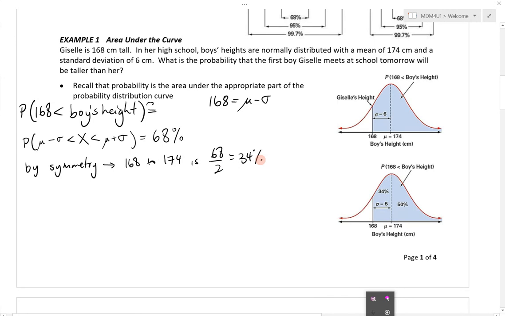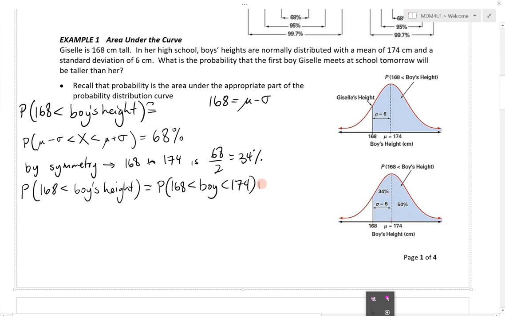Okay, so I can model this problem, the probability that 168 is less than the boy's height, as saying, well, what's the probability that the boy's height is between 168 and 174, the mean value? What's the probability that the boy's height is in this little section of the graph, between the lower limit and the mean value?